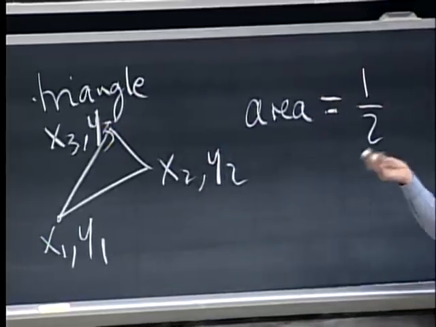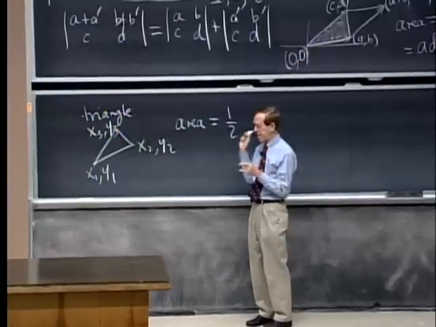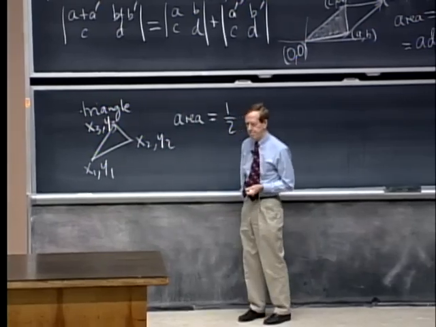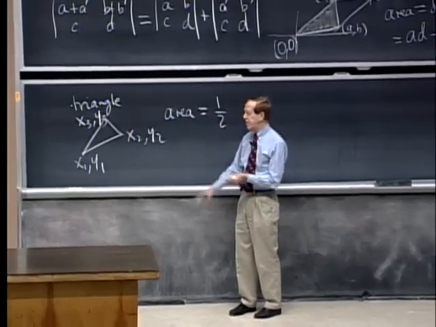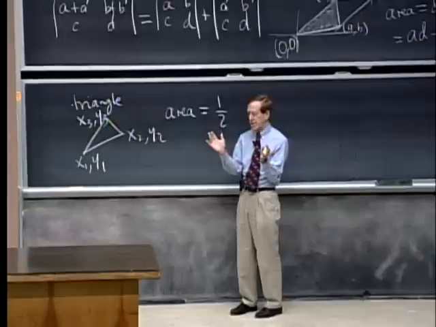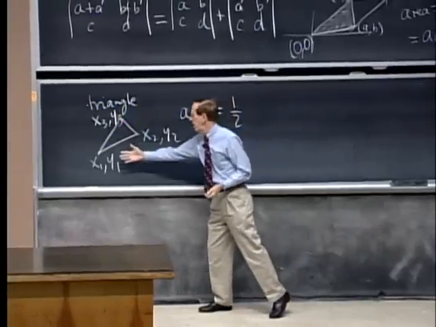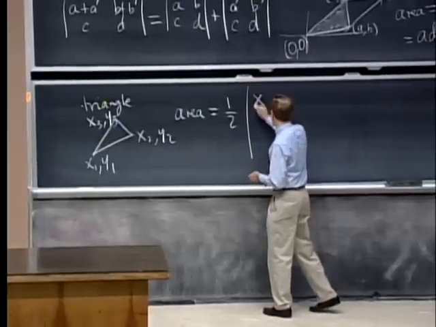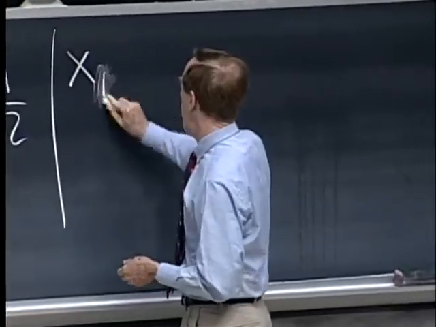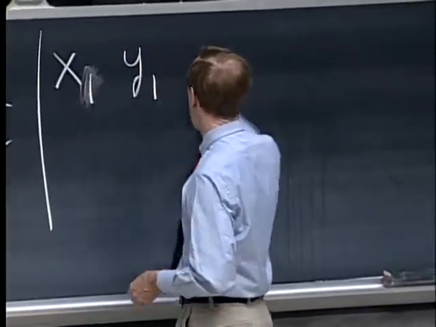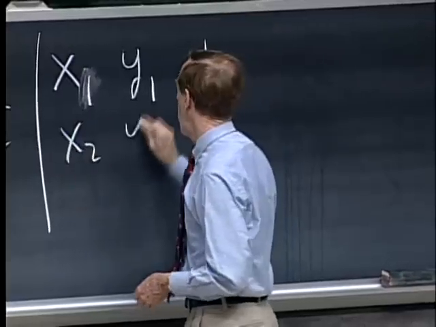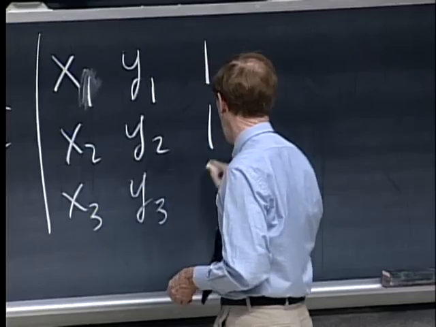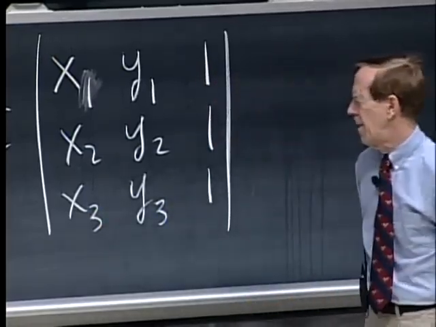Basically, this can't be completely new, right? We know the area when this is 0, 0. Now we just want to lift our sights slightly and get the area in general. So let me write down what it comes out to be. It turns out that if you do this, x1, y1, and a 1, x2, y2, and a 1, x3, y3, and a 1, that works.